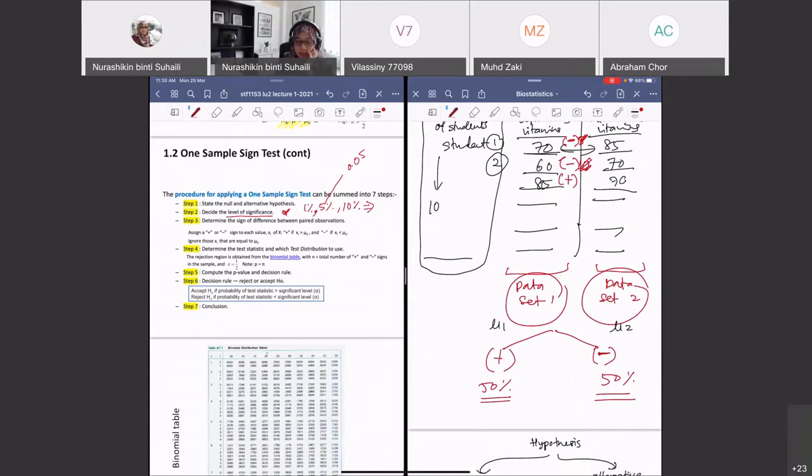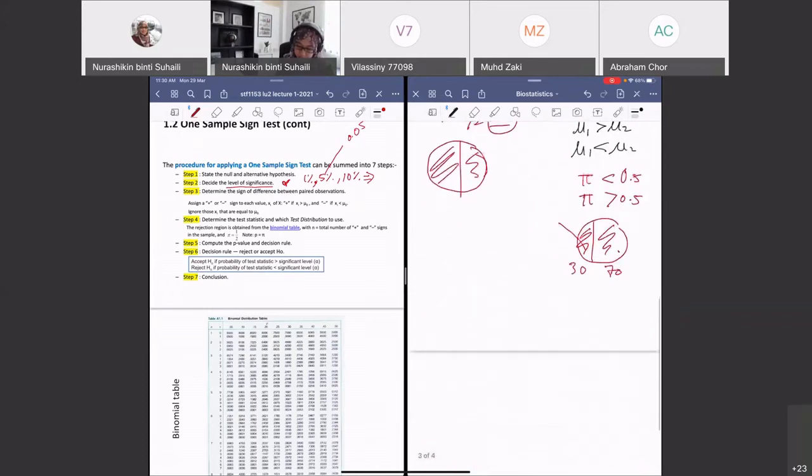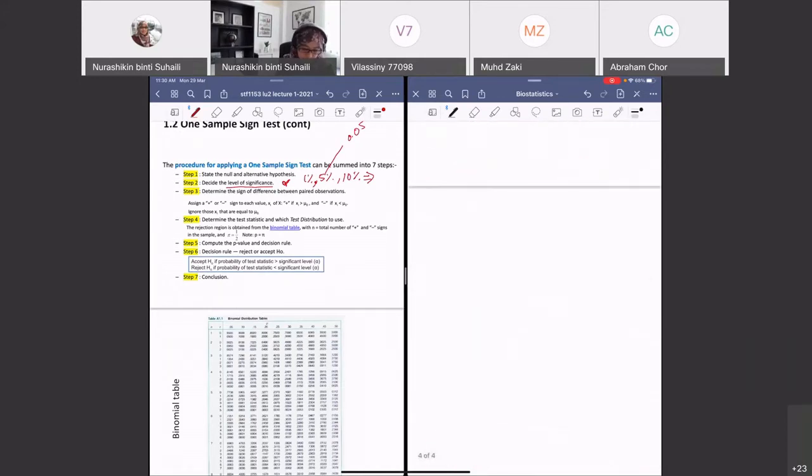Let's say it's similar, 80 and 80. So you don't assign anything, you just let it be without signs. So there will be negative, positive, and the one that is equal. That is covered under step 3: ignore those xi values that are equal.